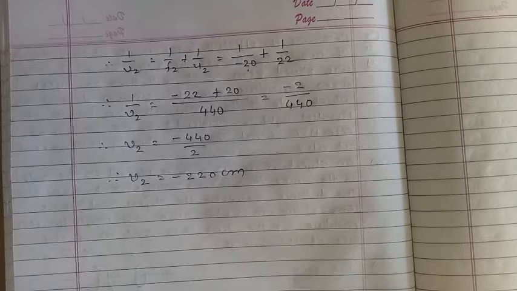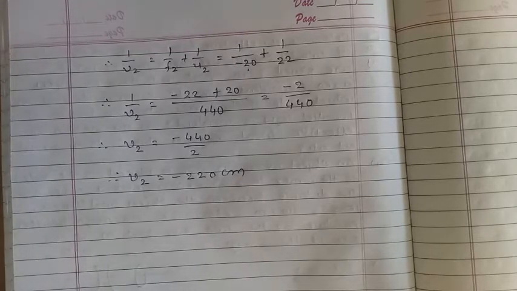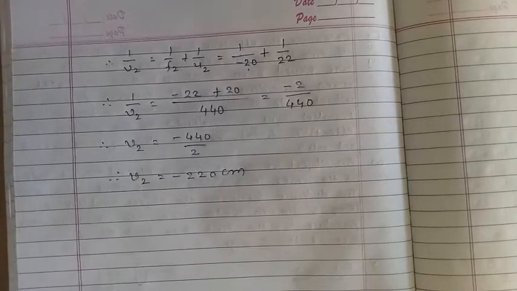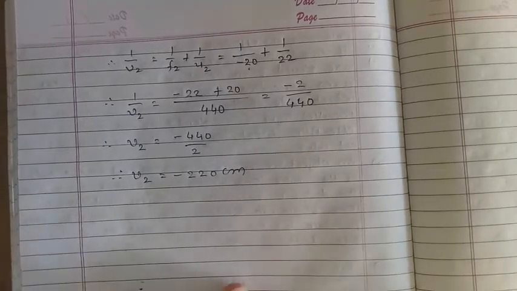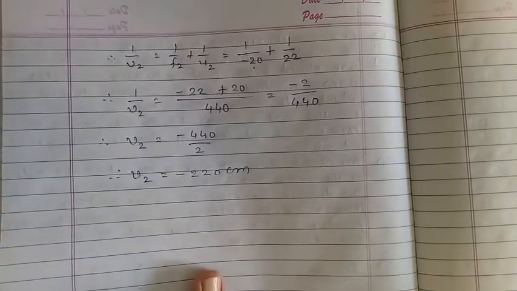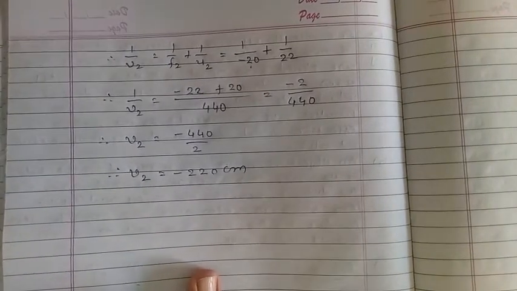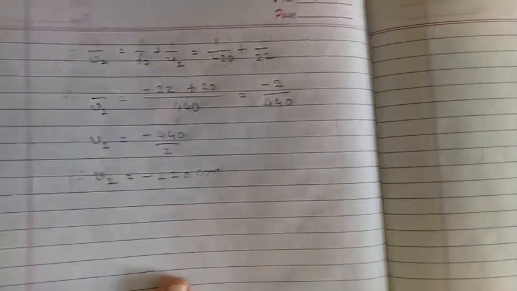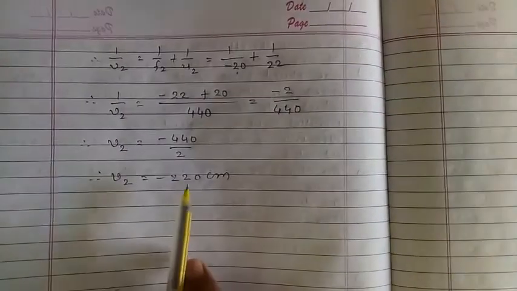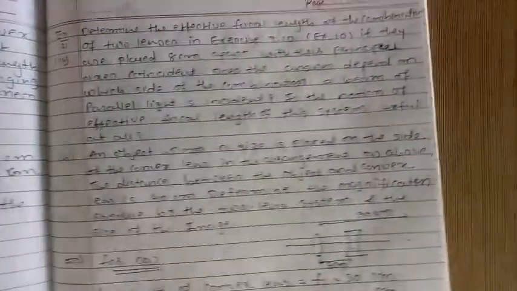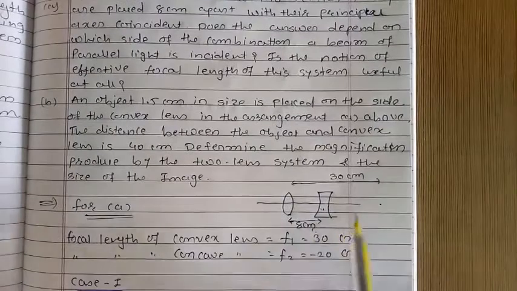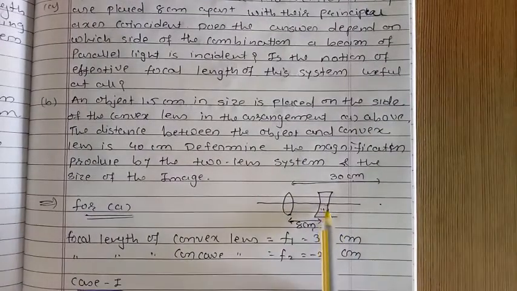But here the rays are converging from the middle point. I say converging because our first lens is a convex lens. So here the distance is 220 centimeter from the second mirror.